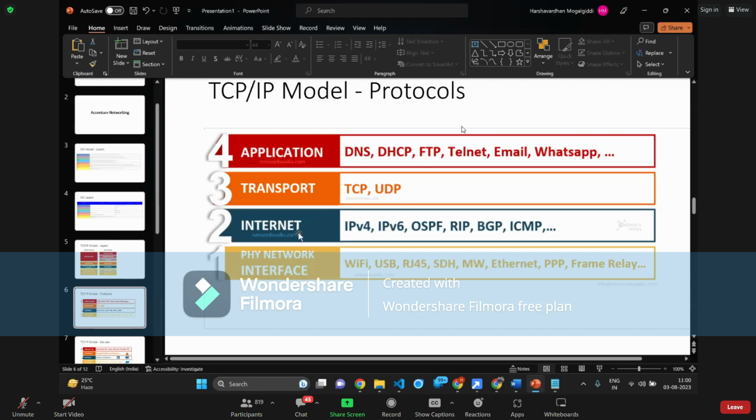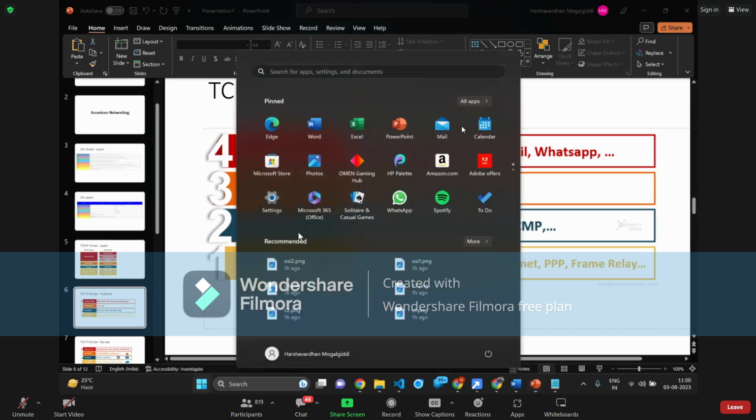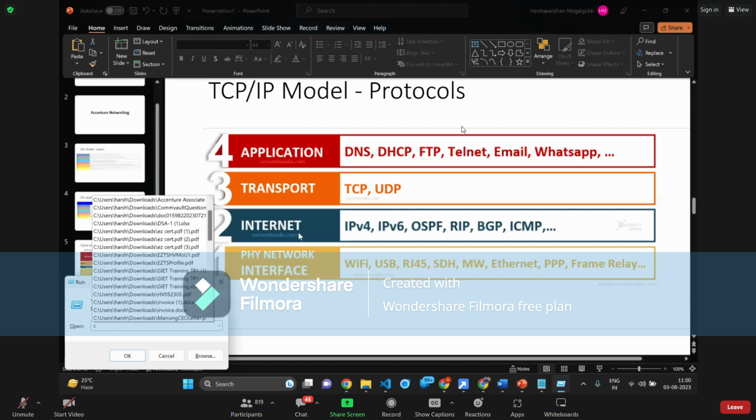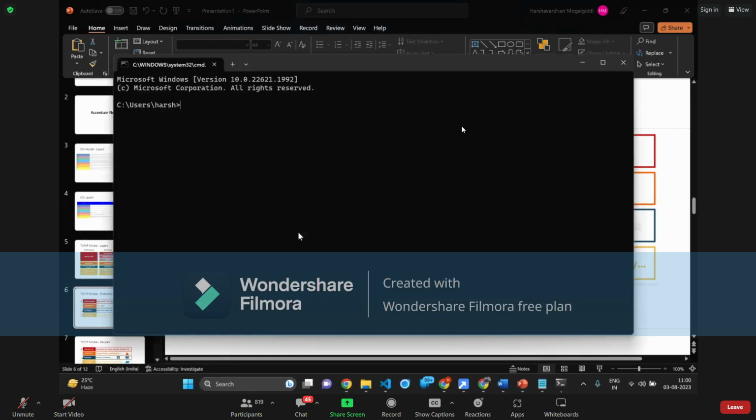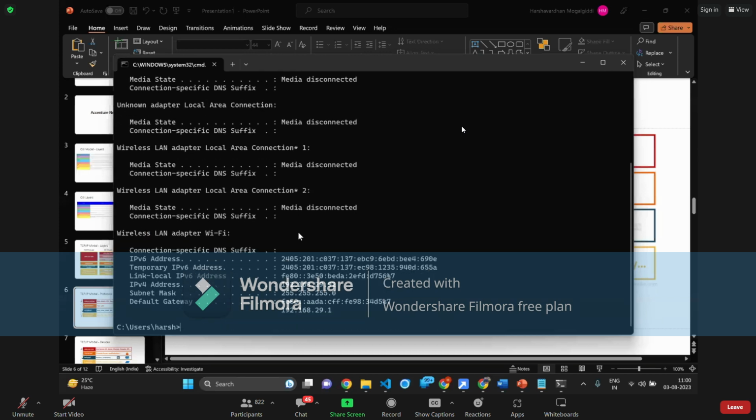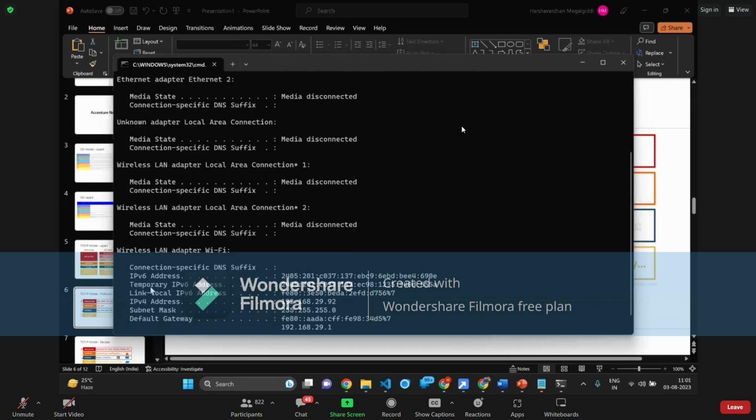The protocols here are IPv4, IPv6, OSPF, RIP, BGP, ICMP. If you wish to know your IPv4 and IPv6 address, you can simply open CMD and type ipconfig. It will give you what the IPv4 and IPv6 addresses are.